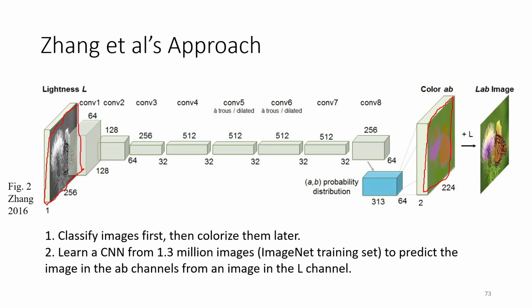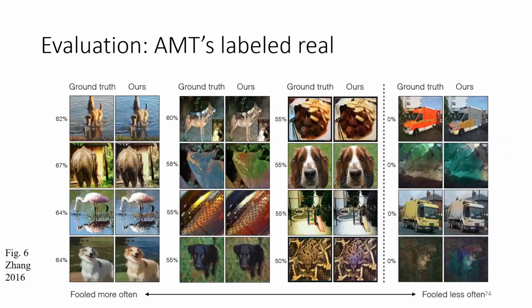Okay, so then how to evaluate the performance of the neural network? They use this approach. They hire a lot of Amazon Mechanical Turkers.